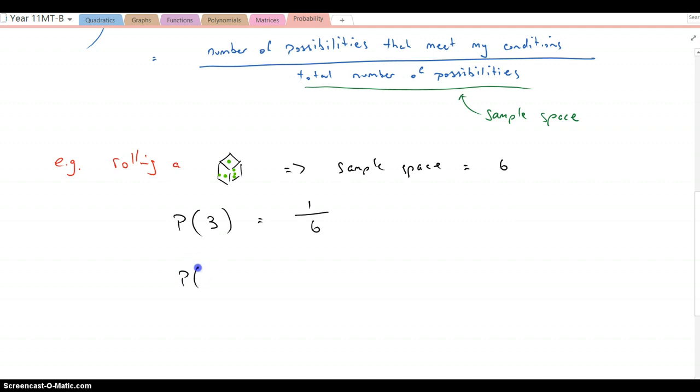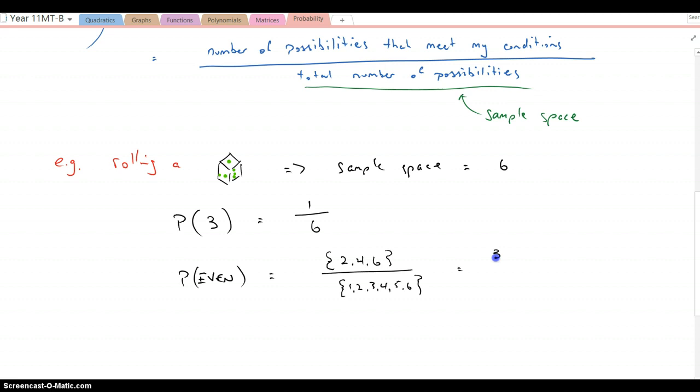The probability that it's even. How many now? Well, I've now got a set of numbers that meet the condition that it's even as 2, 4, 6 over the set of all possible outcomes: 1, 2, 3, 4, 5, 6.